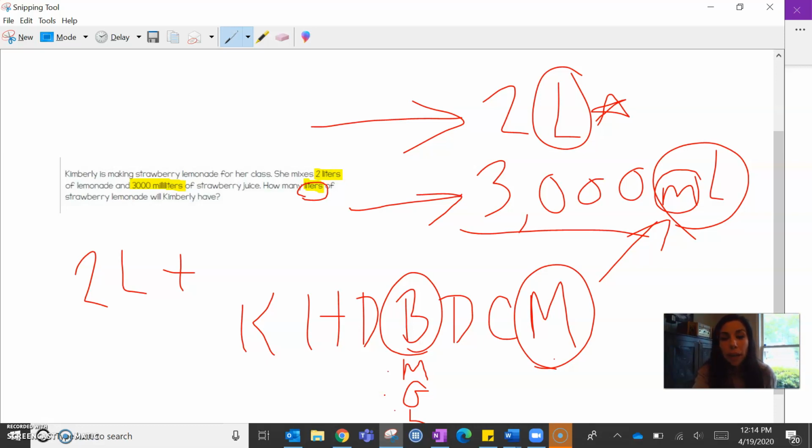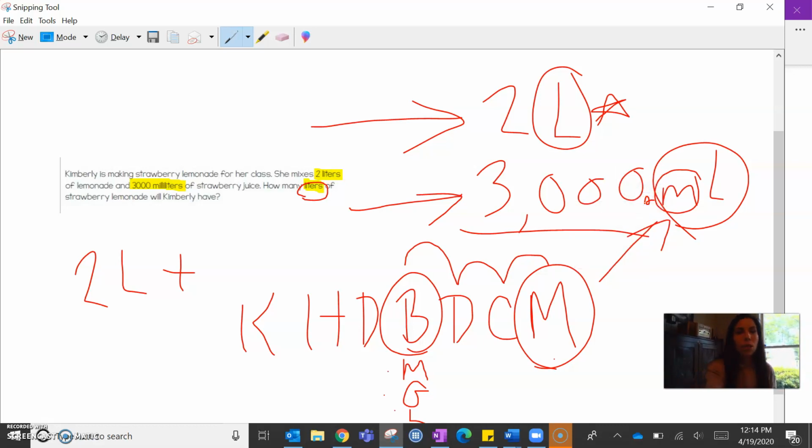So if we're going from milliliters to liters, we are hopping 1, 2, 3 places to the left. Your decimal is always going to move the way that you're jumping in King Henry. So 1, 2, 3 spaces to the left. We know that every whole number has an invisible decimal right after the ones place.